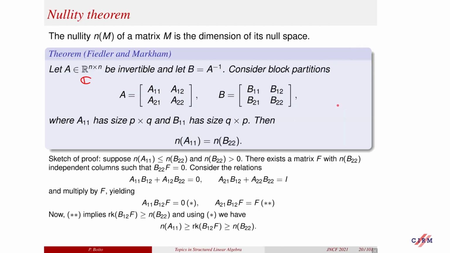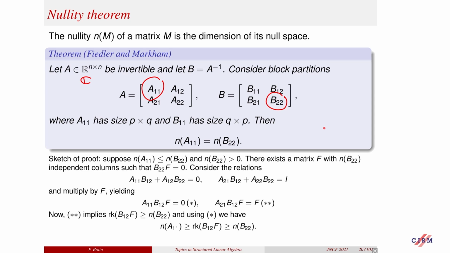So, for instance, if A11 has size P times Q, then B11 will have size Q times P. Then the theorem says, in its simplest form, that the null space of this block has the same dimension as the null space of this block.